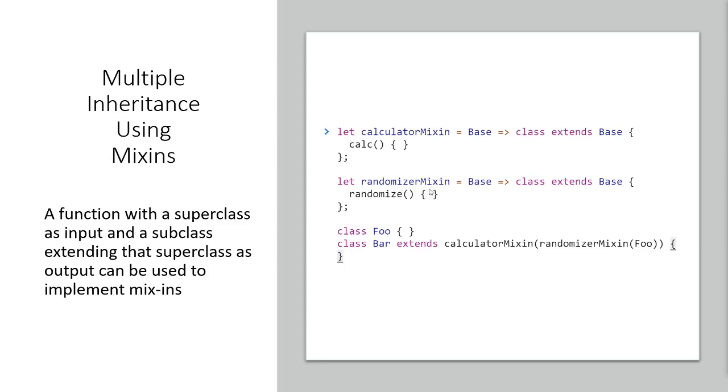Then we are passing this randomizer mixin to the calculator mixin. It means we are doing calculator mixin extends randomizer mixin. And then finally we are doing Bar extends this calculator mixin. So we have actually extended calculator mixin, randomizer mixin, and then Foo, all three, for this Bar. So Bar has the inheritance from all these three classes. With the help of mixins we can do multiple inheritance, but as such there is no direct multiple inheritance in JavaScript.